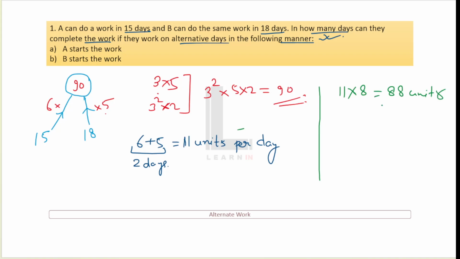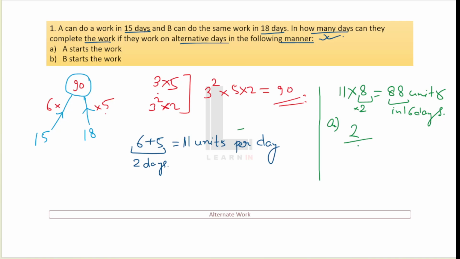Now we need to find the first case, right? In this, A was doing the first work, right? So we are having 16 days here. We have to multiply it by 2, and in 16 days we can do this amount of work. Now in case A, the next day A would be working, so we are left with 2 units.